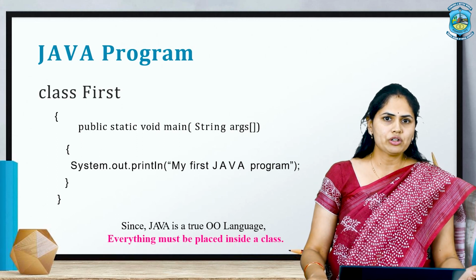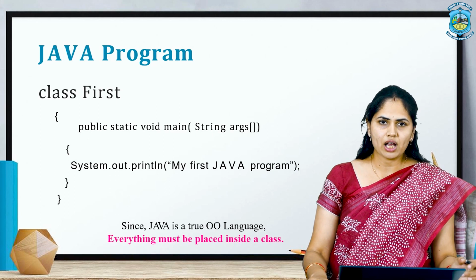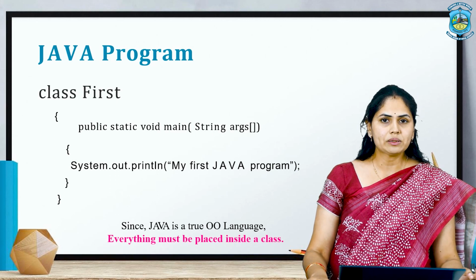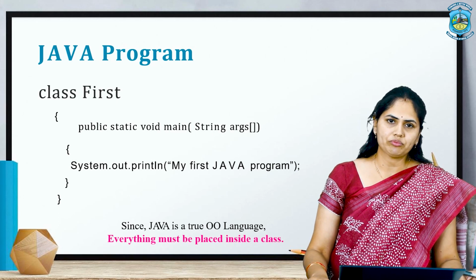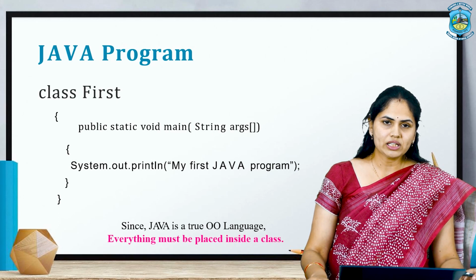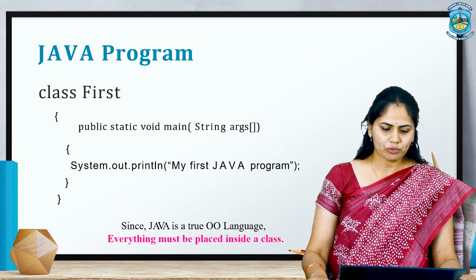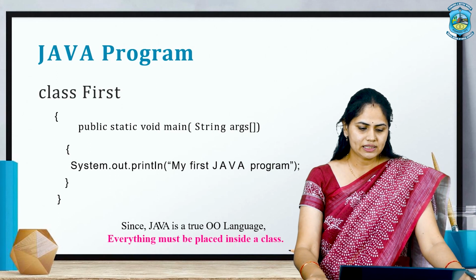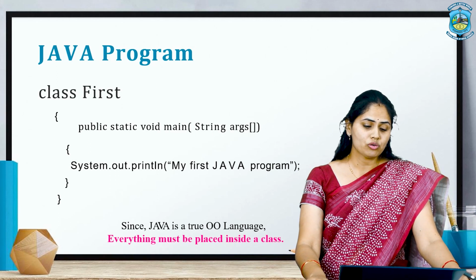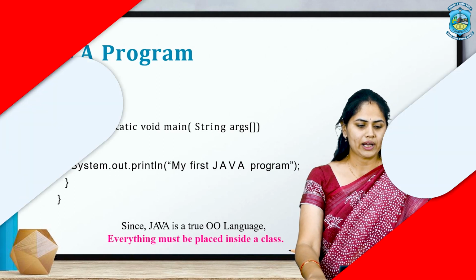Now, what do we need to print here? My first Java program. So, system.out.println is used to print something on the screen. So, this program will give you an output, my first Java program. That is the reason Java is a true object-oriented language.